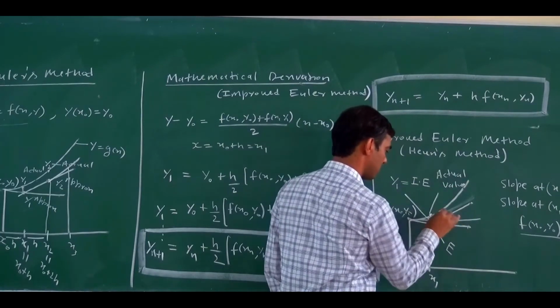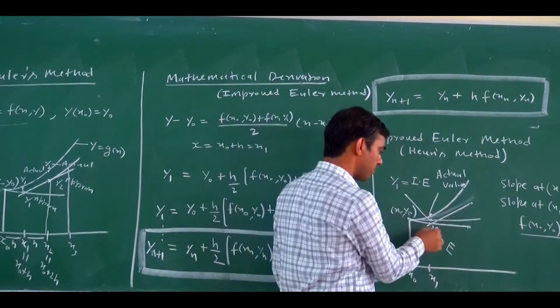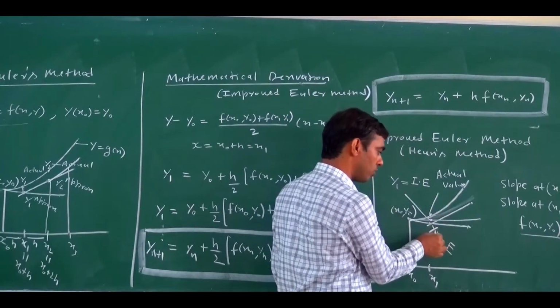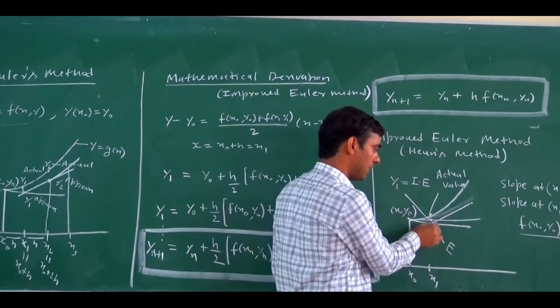This y1 is the actual value. Then obviously the improved value of y1 lies between the actual value and the value that we find with the help of the Euler method.